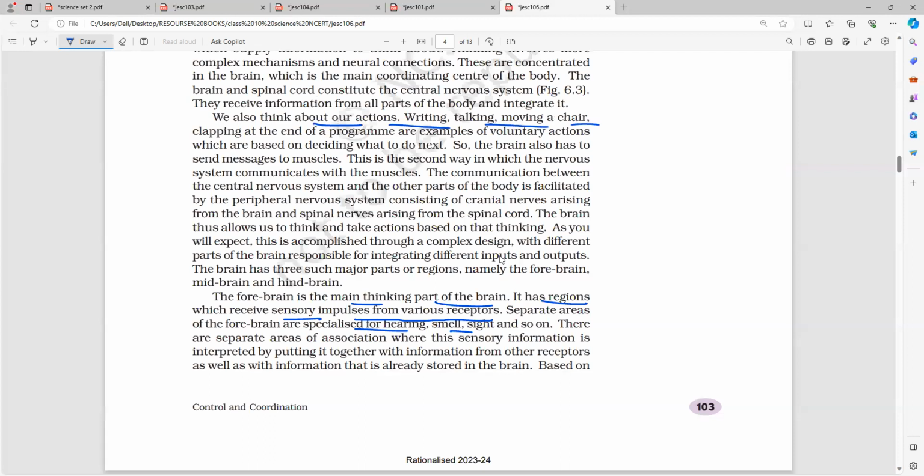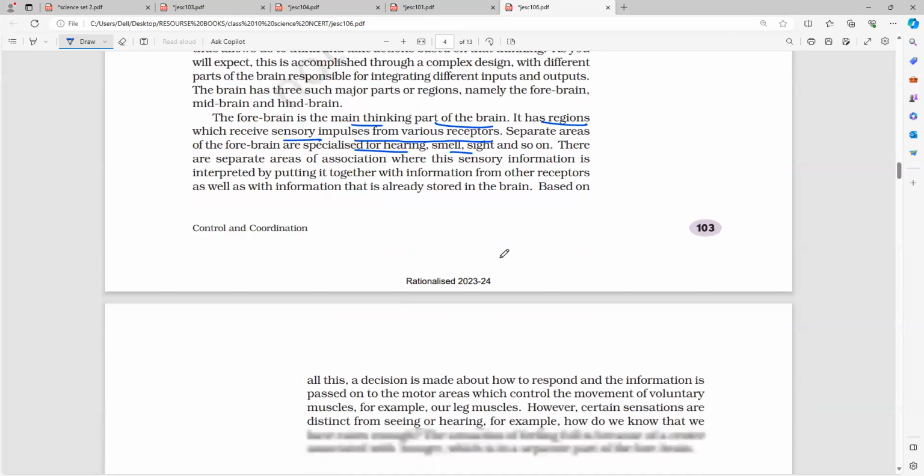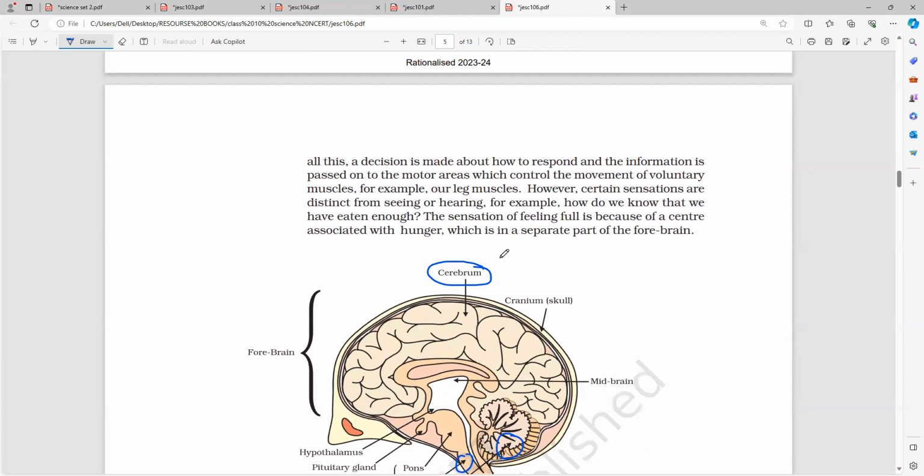Writing, talking, moving a chair, clapping, are examples of voluntary actions which are decided by us. Where is that? Cerebellum, posture. It's the last paragraph.